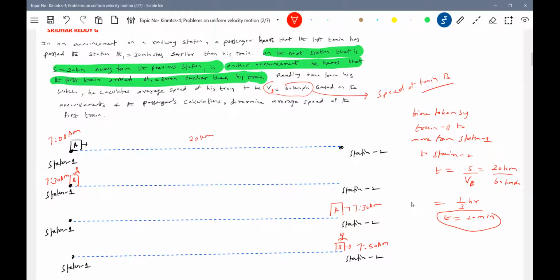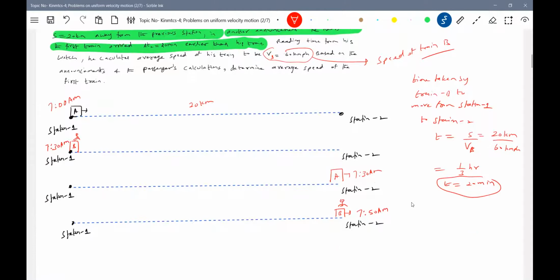Are you able to understand this one? So what is the time of journey of train A? 30 minutes. Then what is the distance covered? 20. So what is the average speed of train A? The average speed of the first train, train A, should be equal to the distance covered divided by the time. The distance covered is 20 kilometers.